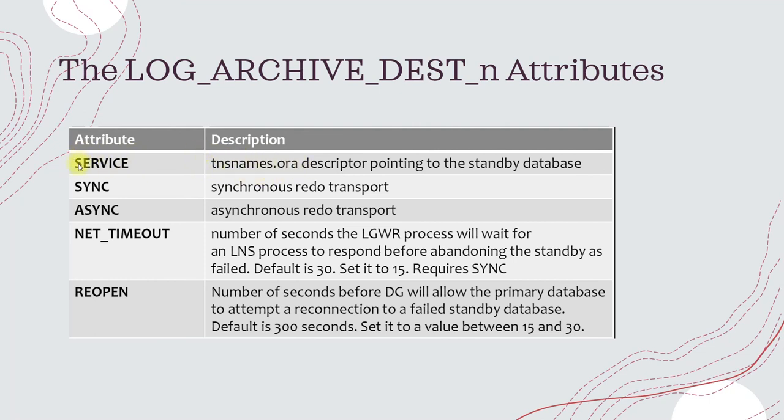The service value will be pointing to the standby database. So there will be the tnsnames.ora file, and there will be values under it for the standby database. You must have seen the tnsnames.ora file, so the service name will come from there.